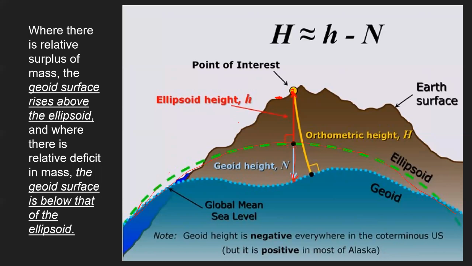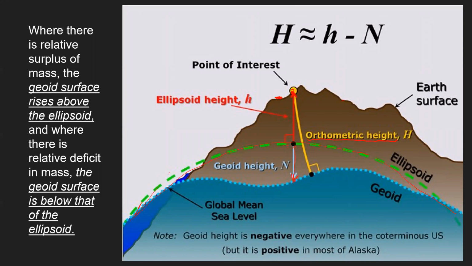And then here's our ellipsoid height, so this tells us how far above the ellipsoid we are. And then ultimately, the most accurate estimate of our elevation on a surface of the land relative to sea level is called the orthometric height. So this is what we ultimately want to calculate.